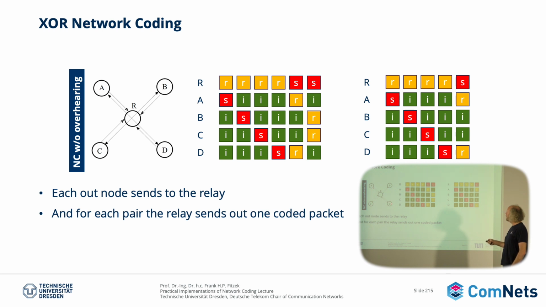So Alice and Dave send there, then you XOR it and broadcast it out. The same for Charlie and Bob. You send it to the relay, XOR and send it out. So with only 6 time slots, compared to the 8 that you had before, you can make the full exchange.